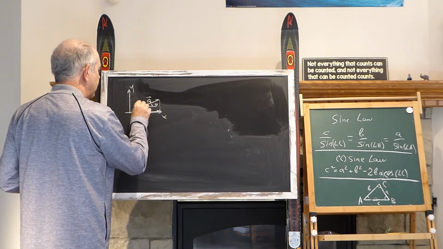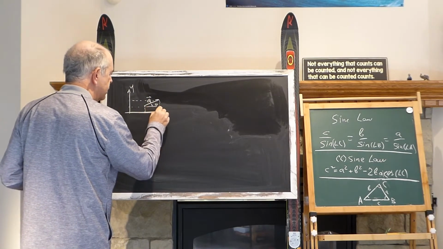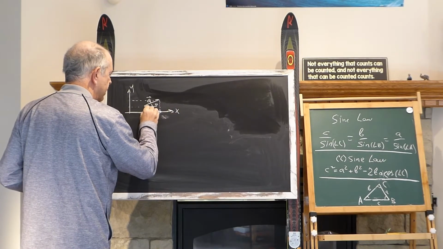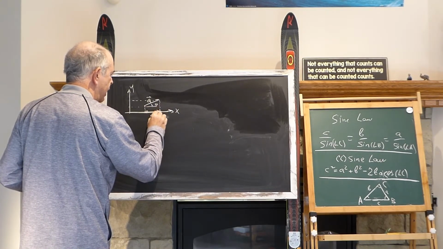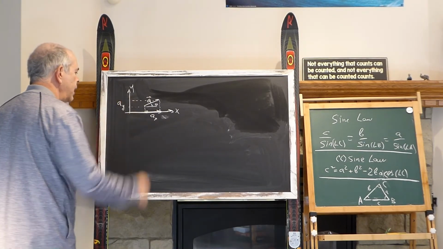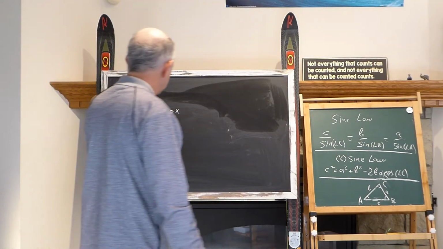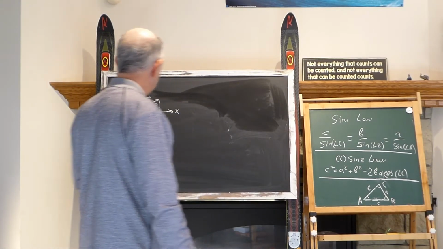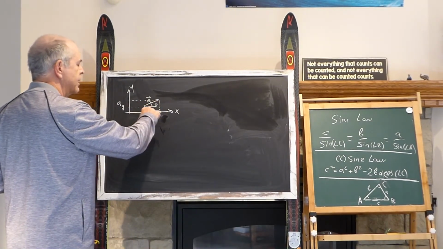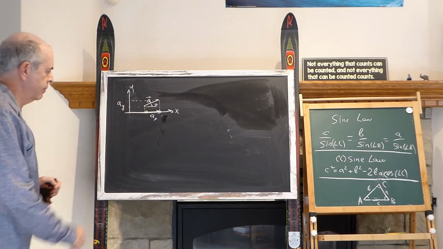Projection here and projection here. Let's extend it. The x would be this. And then we say that this would be ax, and this would be ay. And we can say that instead of the length and the angle, we can have ay and ax.